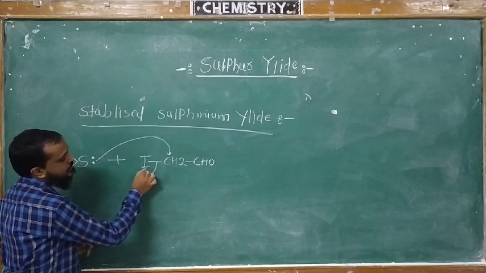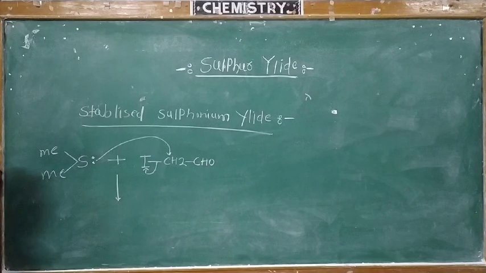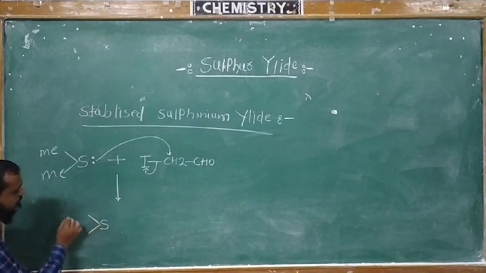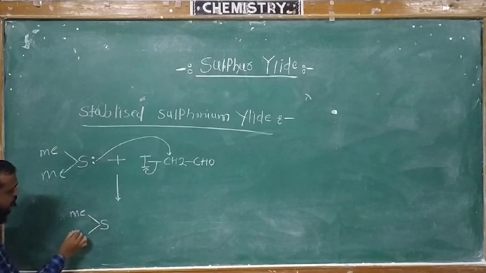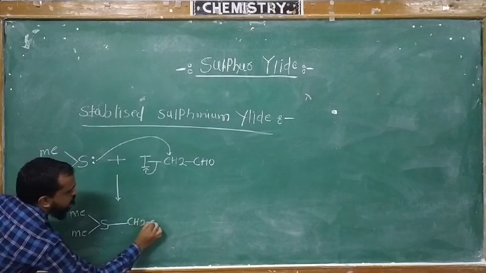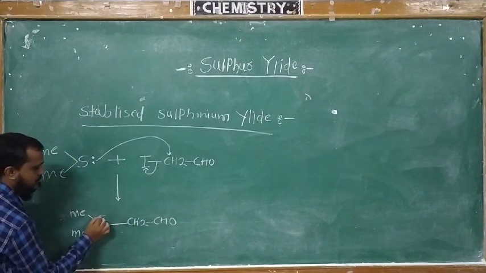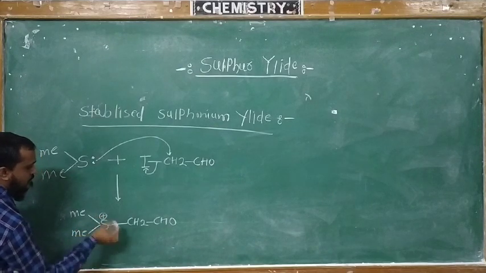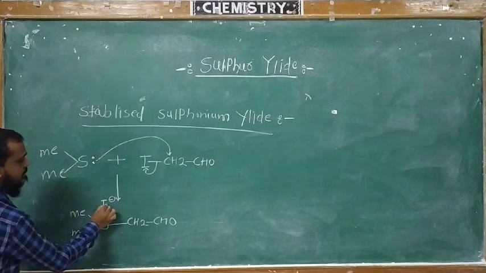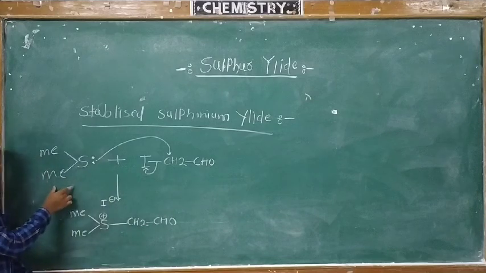Simultaneously, iodine will be removed, and we will get our product salt like that. So this is the salt of alkyl halide and dimethyl sulfide.